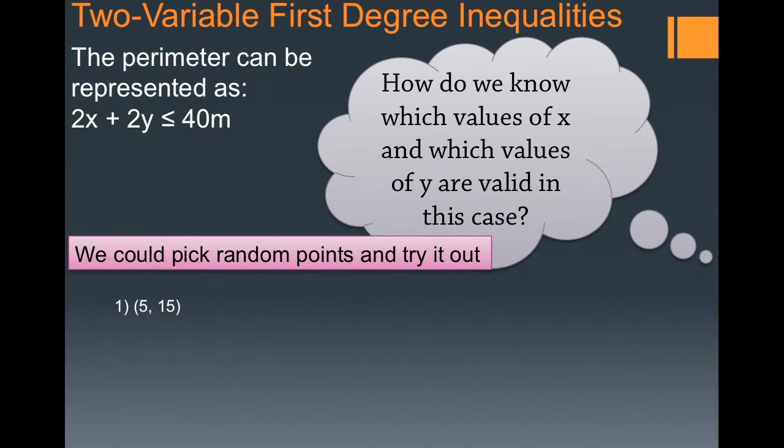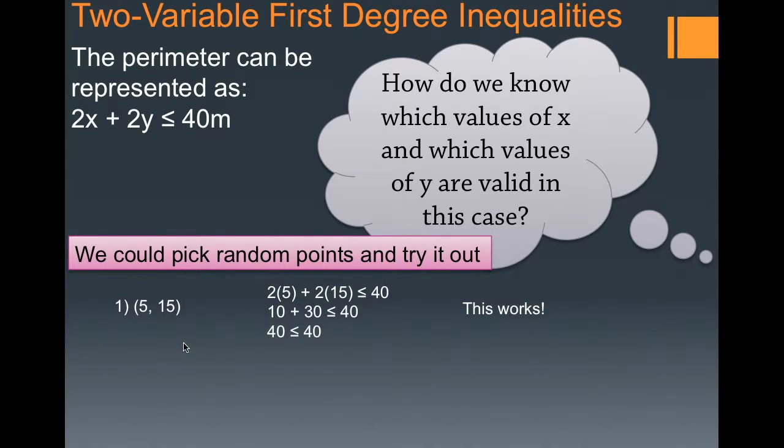So say let's try 5, 15, so x is 5 and y is 15. Let's plug it into our inequality up here, and we get 40 is less than or equal to 40. That makes sense because 40 is less than or equal to 40, so this works. So we know that 5, 15 works. X being 5, so the width is 5, and the length being 15.